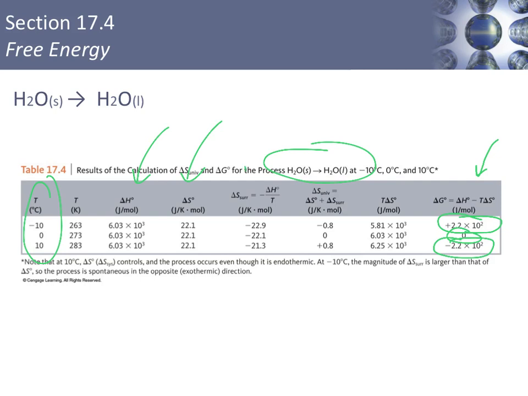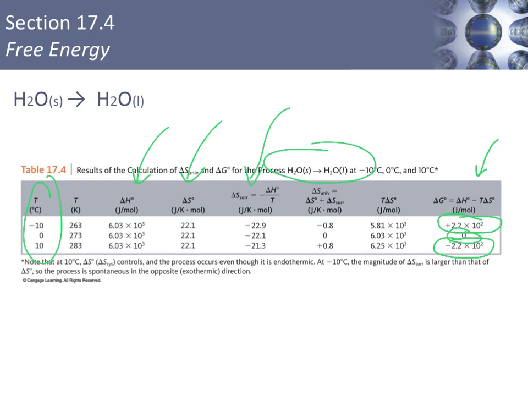The entropy change in the surroundings is calculated here. All are negative because this is, again, an endothermic process. Heat is leaving the surroundings and going into the system. So that is a decrease in our entropy. Because there is a decrease in the random motion of the atoms, particles in the surroundings.